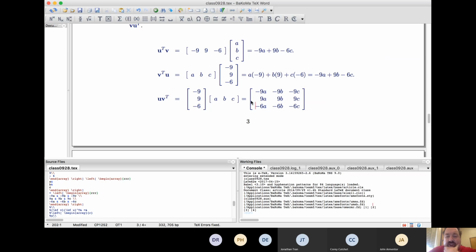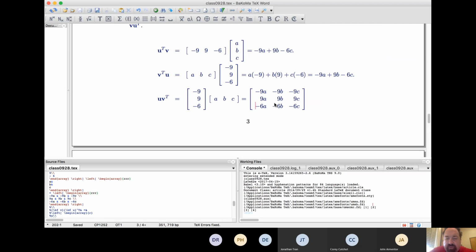It turns out to be all possible combinations of products of multiplying an element of this vector with any element of this vector. Notice the first row is the vector a b c all times minus 9, which is the first element here. Here again, the vector a b c times the second element, 9. Here we have a b c again times the third element, minus 6. So you can see how the entries of an outer product relate to the entries of what you're taking the outer product of.